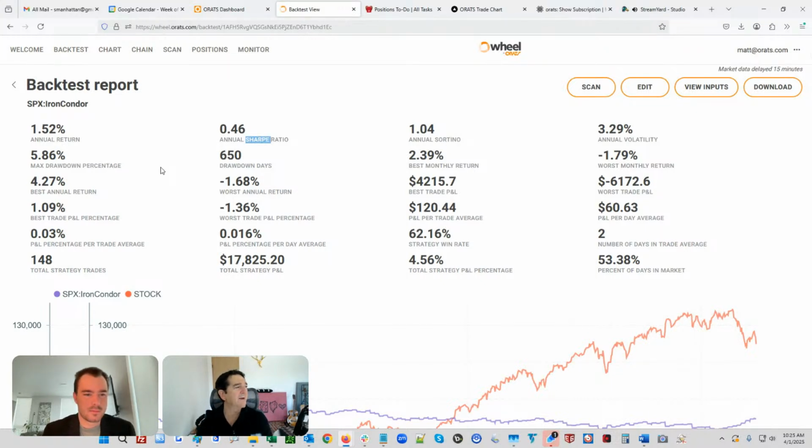What I would like is to divide it by the maximum risk. Drawdown is just what happened. But Buffett was famous for saying, when the tide goes out, you find out who's been swimming without a swimsuit.